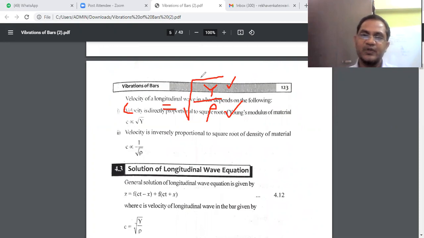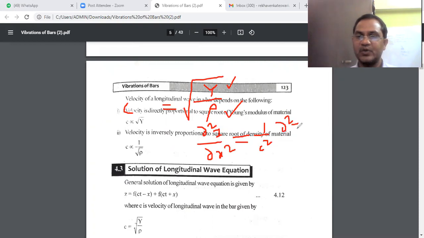The general solution of the wave equation. What is a mechanical wave equation? It is ∂²z/∂x² equal to 1 by c² into ∂²z/∂t².